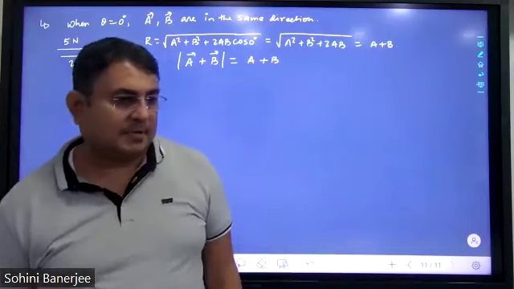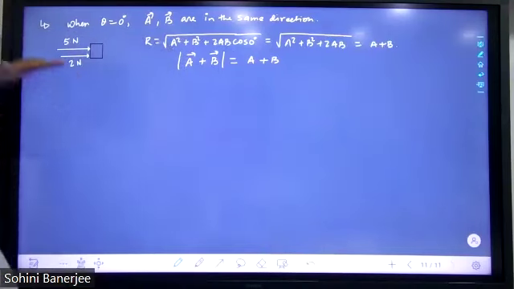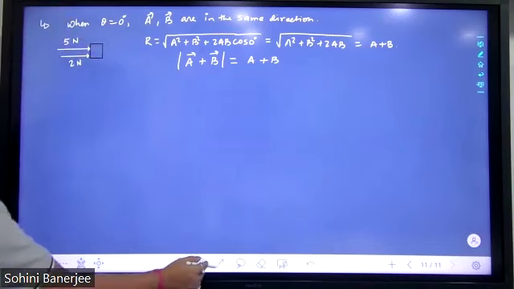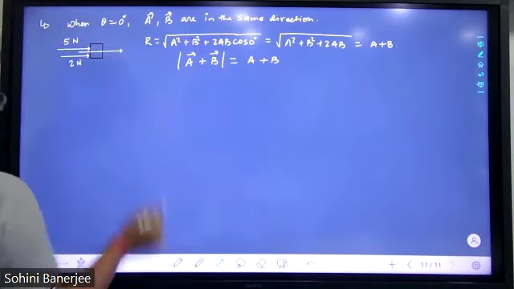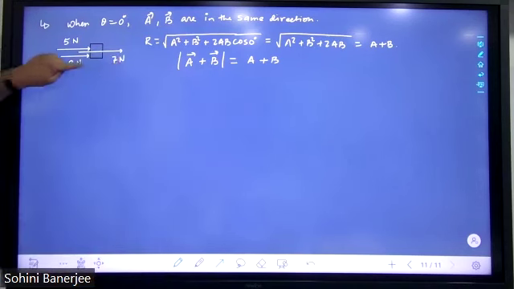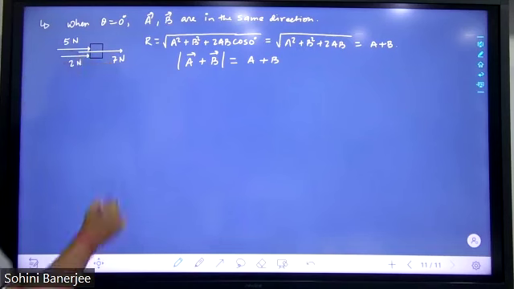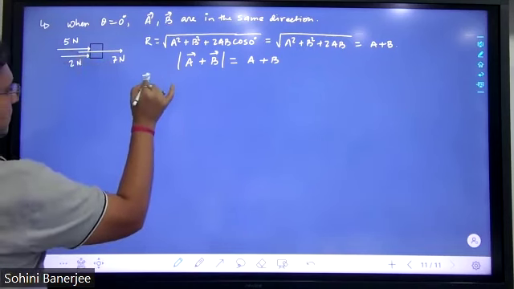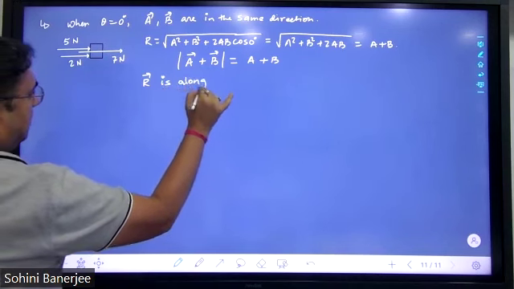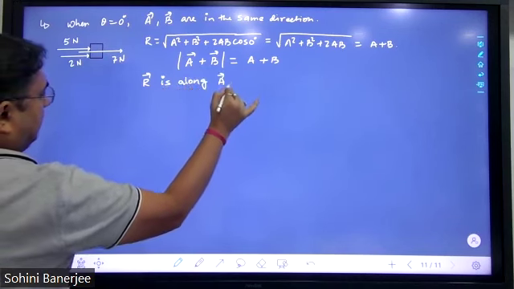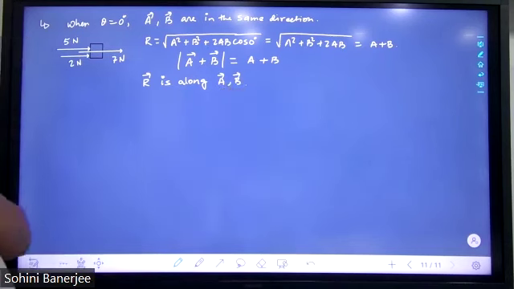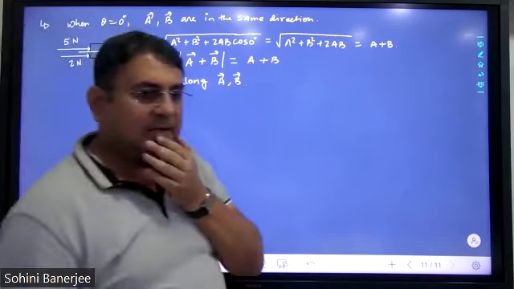Clear? And what about the direction of the resultant? This 7 Newton force, in which direction will it be? Same, right? Whatever the direction of 5 and 2, that is the direction of 7. So resultant R is along A and B. Clear?